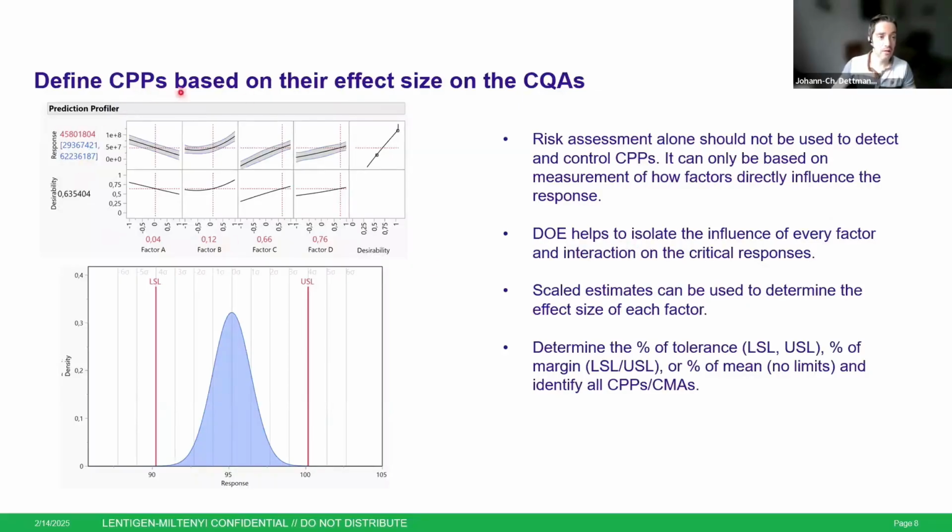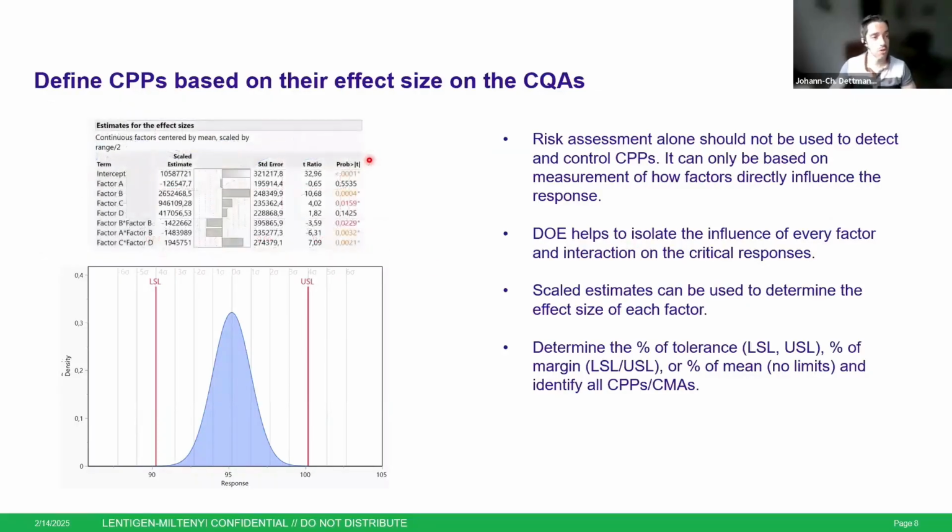So to define now our CPPs, we would on the one hand need our scaled estimates to get finally the effect size of our factors. And then we would also need the tolerance range, which is the area between the upper specification limit and the lower specification limit.